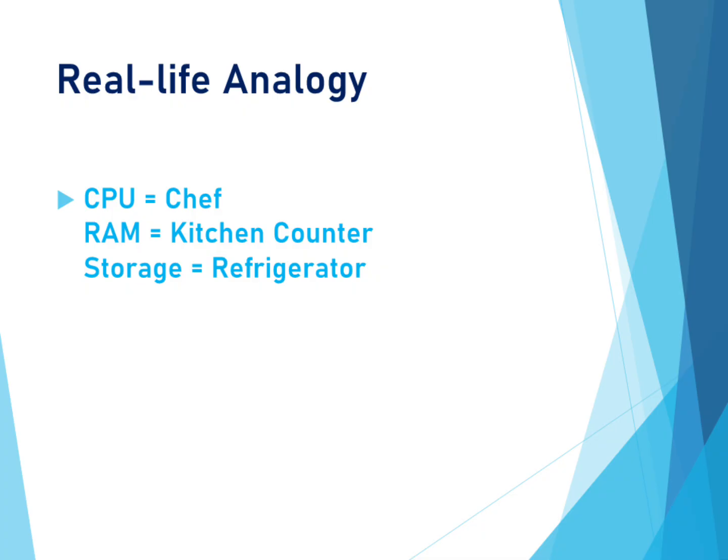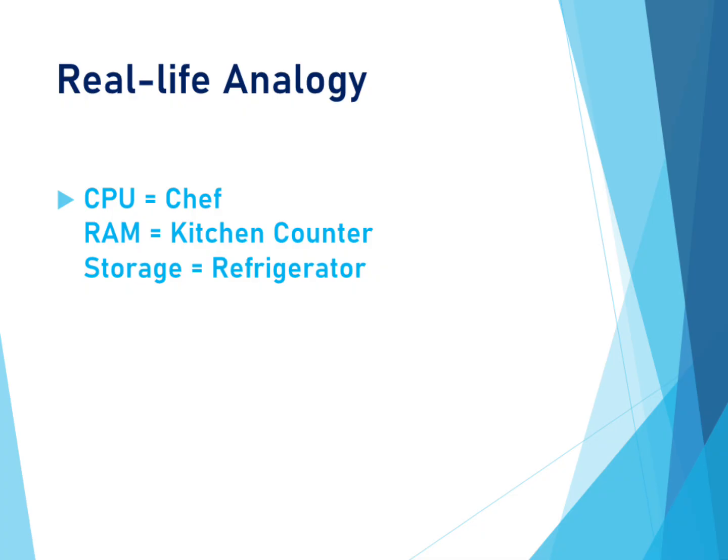Let us understand this with a real life example. Imagine a restaurant's kitchen. The chef represents the CPU because the chef prepares the food. The kitchen counter represents the RAM because ingredients currently being used are placed there.